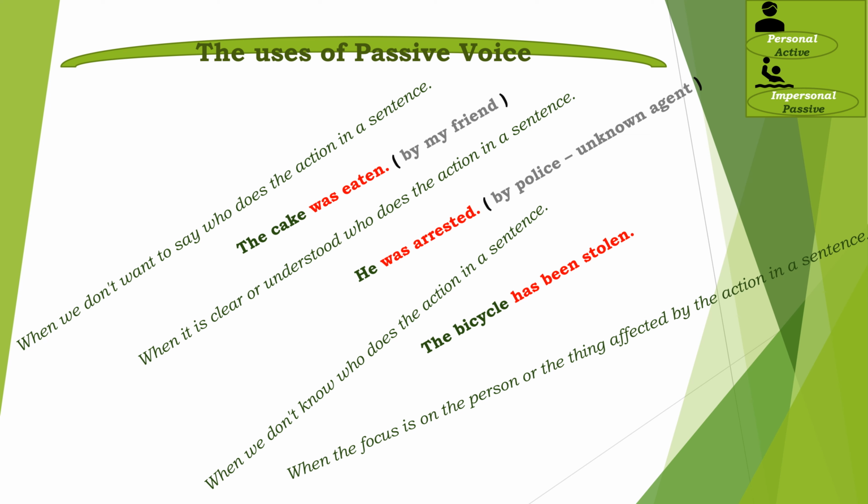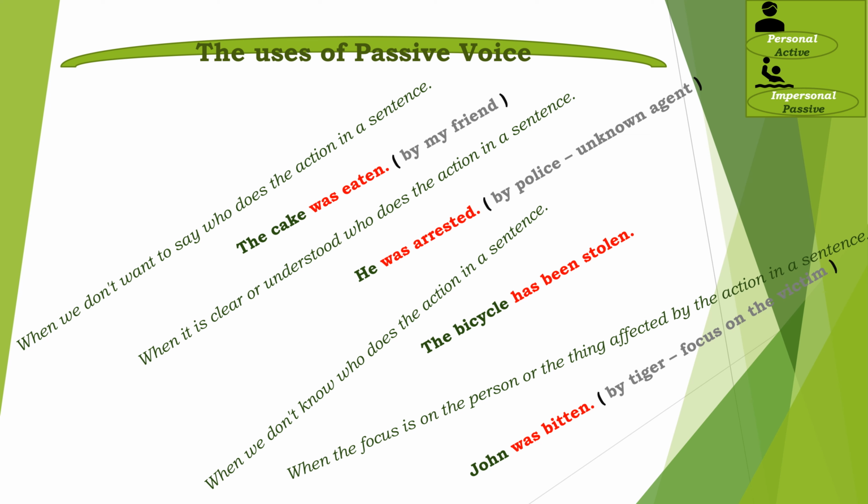Another use of passive voice is when the focus is on the person or a thing affected by the action in a sentence. What does that mean? Let's have a clarification by looking at this example. John was bitten by a tiger.